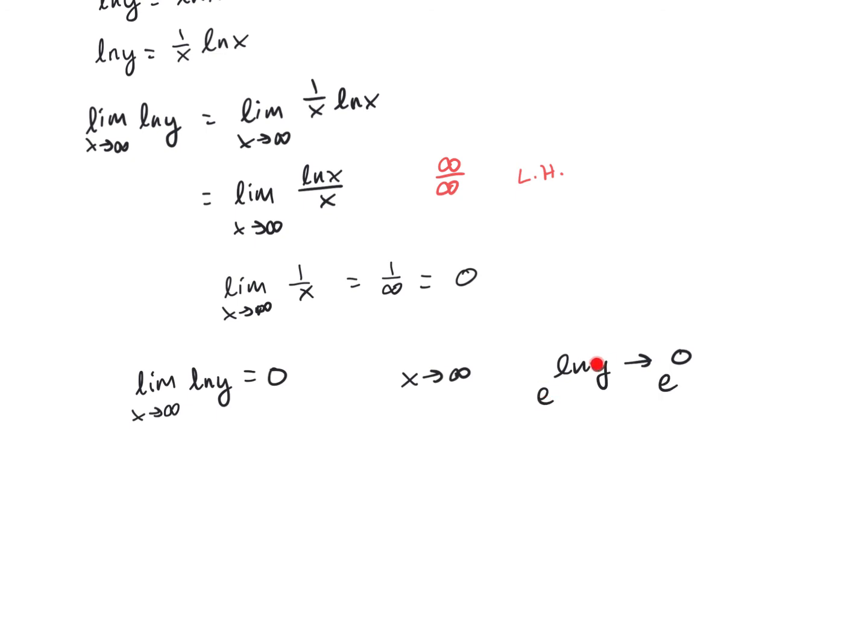So it's e to the power of natural log of y equals e to the power of 0. And we know that this just simplifies to y. So y would approach e to the power of 0. So y would approach 1. So we can say that the limit as x approaches infinity of y equals the limit as x approaches infinity of our original function, which equals 1.